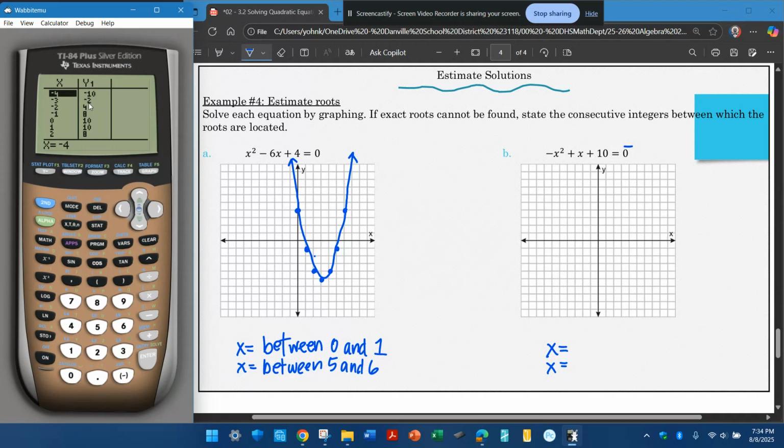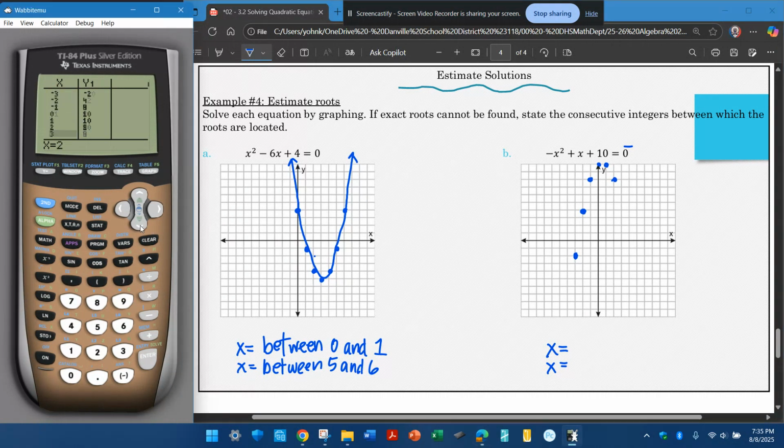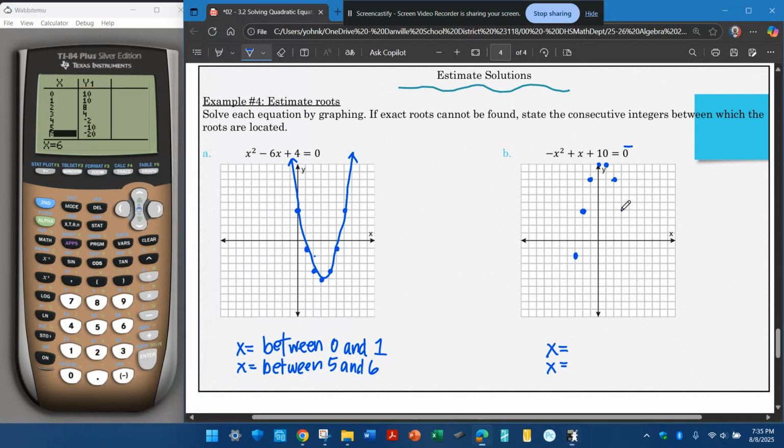So let's see, -3, -2, and -2, 4, and -1, 8, 0, 10, 1, 10, 2, 8, and then we got to show that it's crossing the x-axis, so we got to keep going a little bit more. 3, 4, it's symmetric at this point, and then 4, -2.